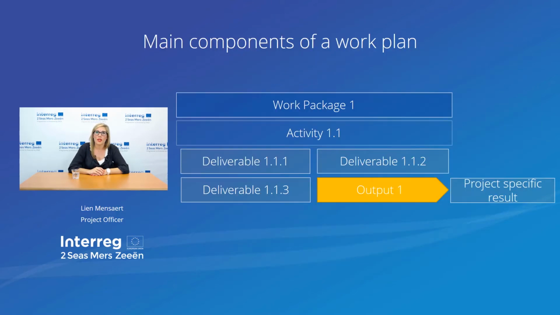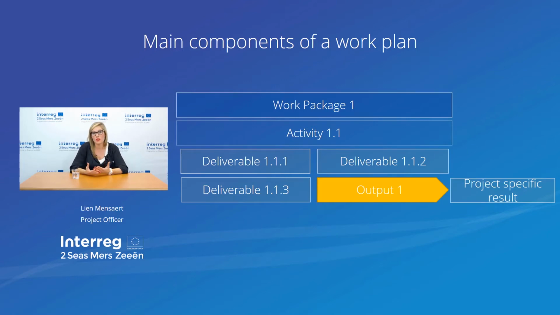So when we go back to the main components of a work plan, you will see that for every output, for every main product, you might have to deliver sub-products. These sub-products are called deliverables. You can have between one and several deliverables that altogether will make up a project output. If we take an example, a policy paper can be an output of your project.